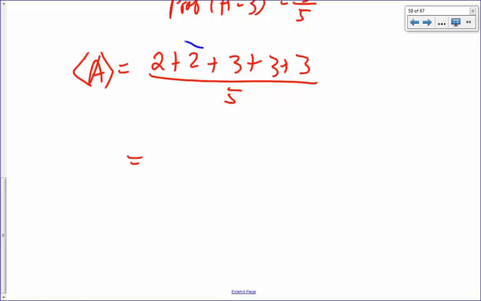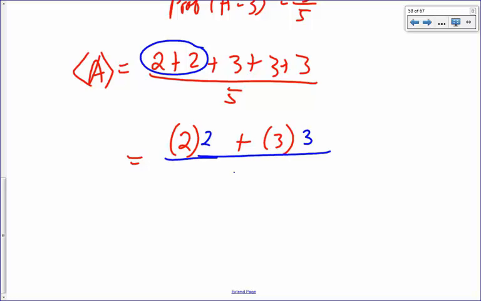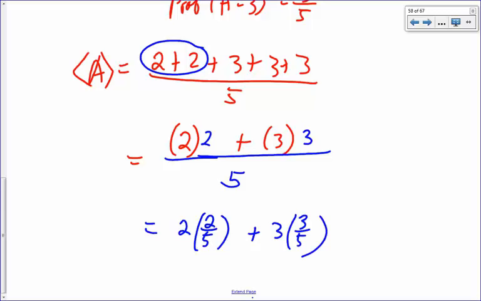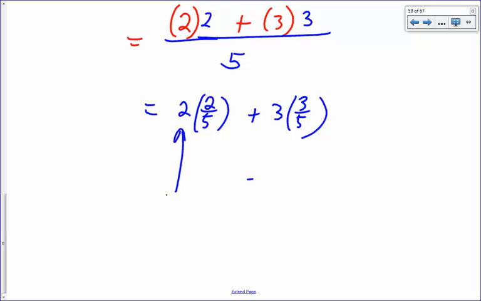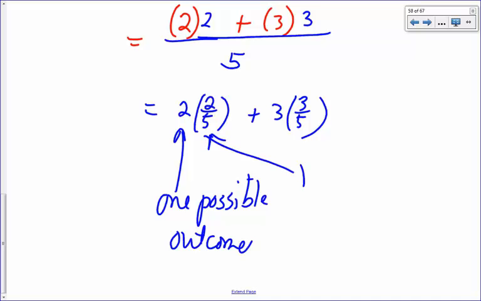I can say this is 2 happening twice, plus 3 happening three times, divided by the total number of times everything happened, which is 5. Well, I can write it this way: 2 times 2 over 5 plus 3 times 3 over 5. This is one possible outcome, and this is the probability of that outcome.